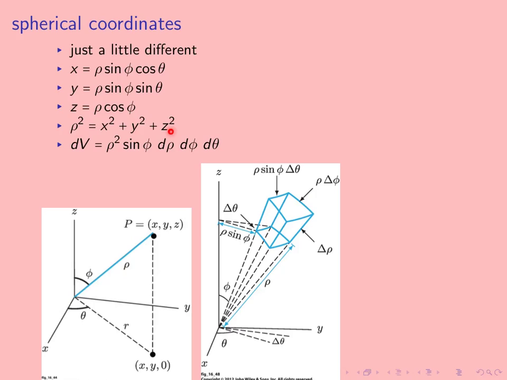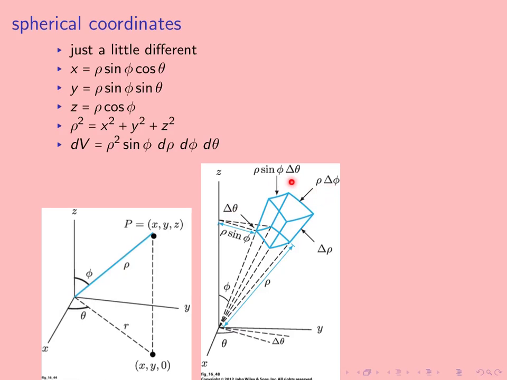As with cylindrical coordinates, a box is no longer exactly a box, and this box has a little bit more curviness to it than in cylindrical coordinates. It's curvy in two directions. But again, with some patience and some trigonometry, we can find that the dimensions of the box are rho delta phi, rho sine phi delta theta, and delta rho.